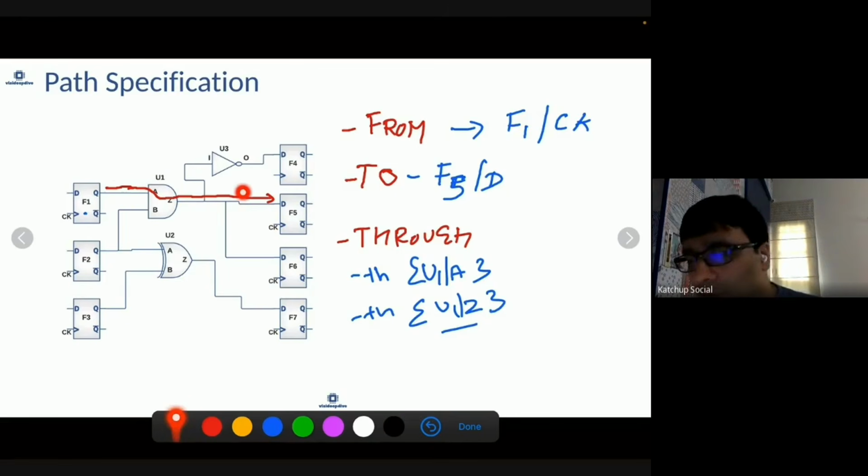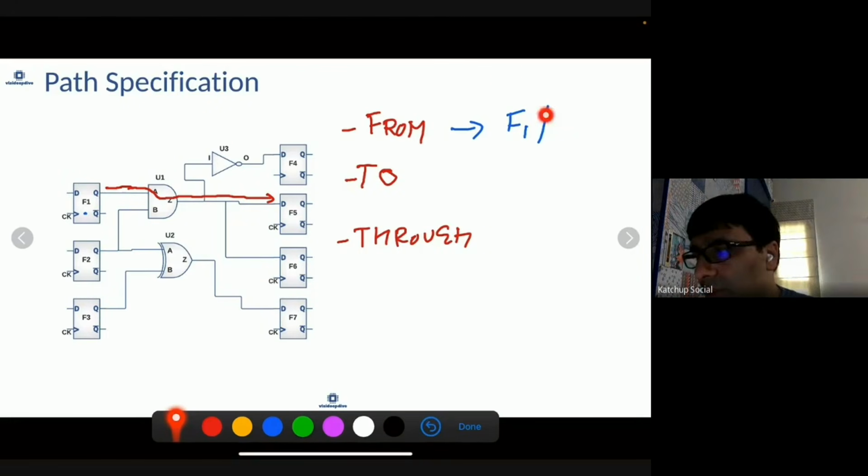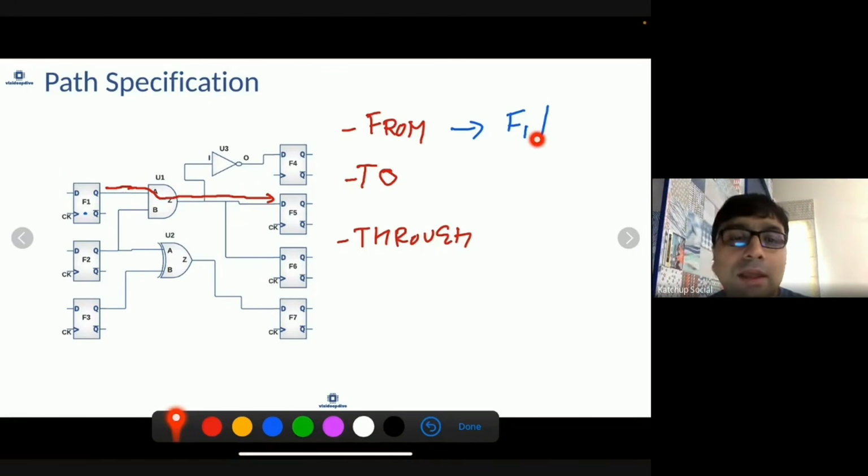We have specified this particular path. Now, this is the path specification. If you just use one of the options, let's say you just say from F1CK, then it can apply to more than one path.